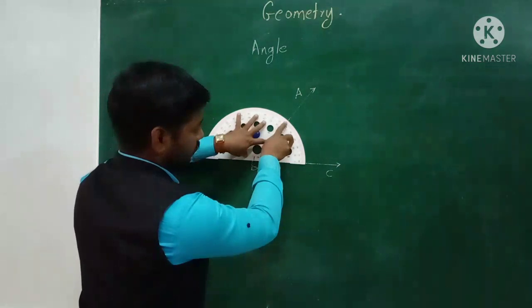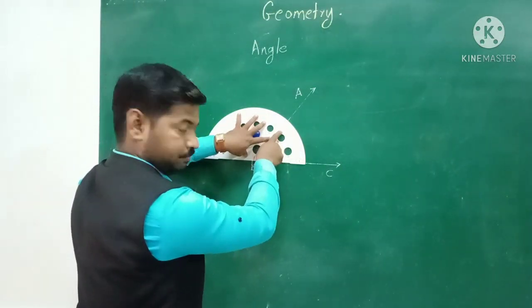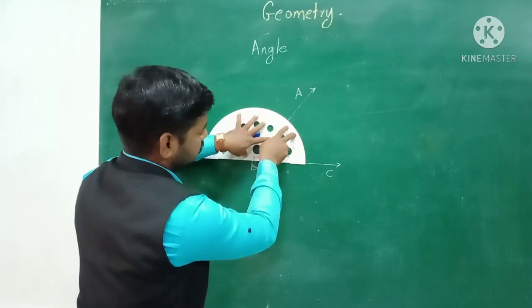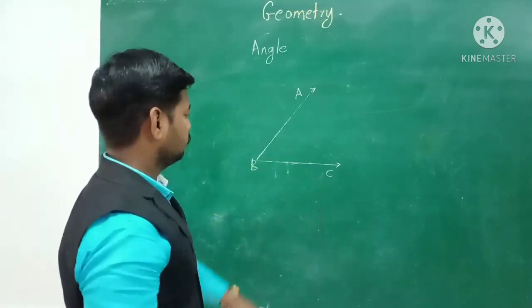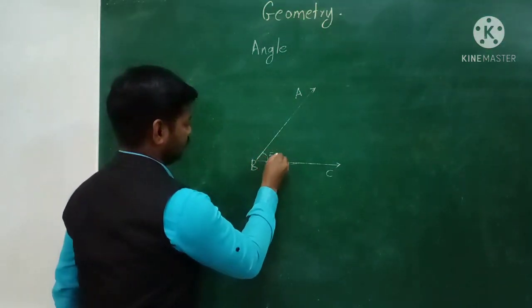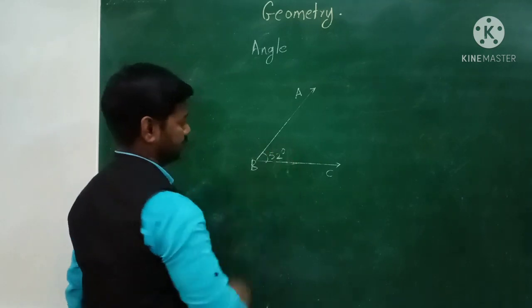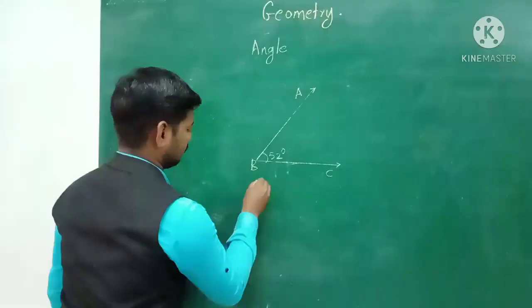So we have to measure it. Here it completed the 50. After 50, we will count 51 and 52. So the angle which is given there is 52 degrees. And the degree symbol we have to write here is this.